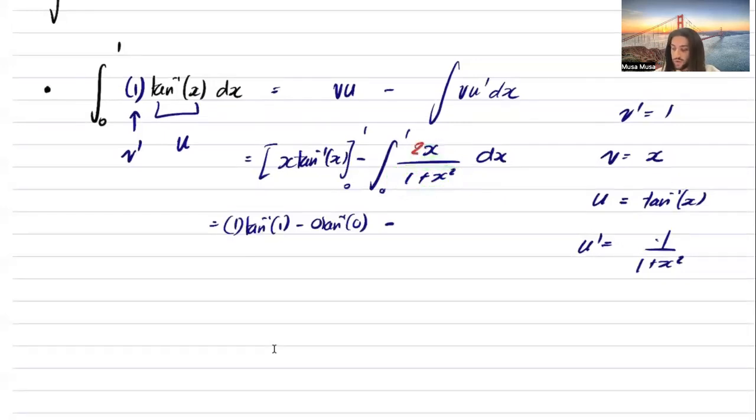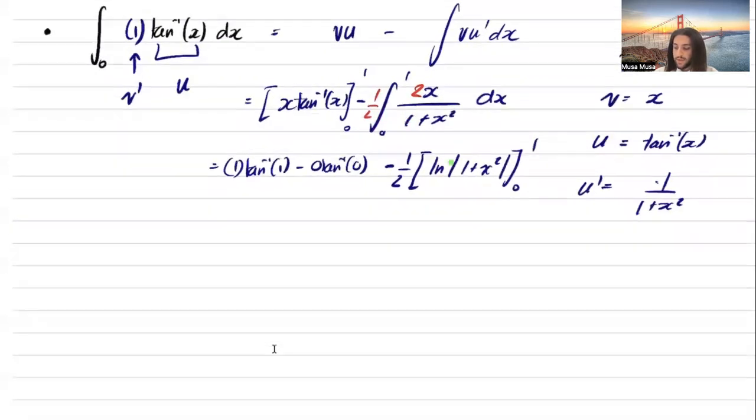You just need a 2. So I'll chuck a 2 there. So we get minus a half, and then that just becomes ln of 1 plus x squared, from 0 to 1. Do I need the absolutes here, by the way? No, because 1 plus x squared is always greater than 0. So no drama.